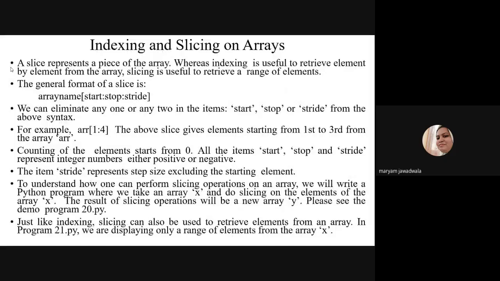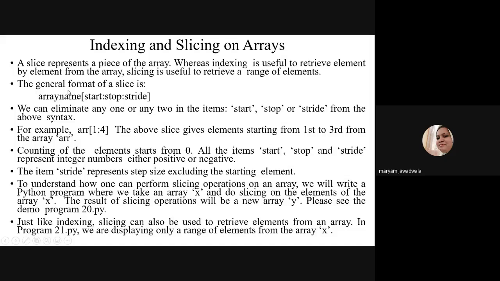Okay. So next one is slicing on arrays. What do you mean by slice first? A slice represents a piece of an array, whereas indexing is useful to retrieve elements one by one from the array. Slicing is useful to retrieve a range of elements from the array.